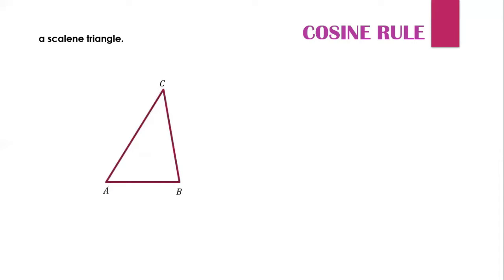There are 3 points on the triangle, A, B, and C. Here x is opposite to angle A, y is opposite to angle B, and z is opposite to angle C. For the cosine rule, x squared equals y squared plus z squared minus 2yz cosine A, with respect to angle A. So x is opposite to angle A, and the green circle is covered by side z and side y. So x squared equals y squared plus z squared minus 2yz cosine A.